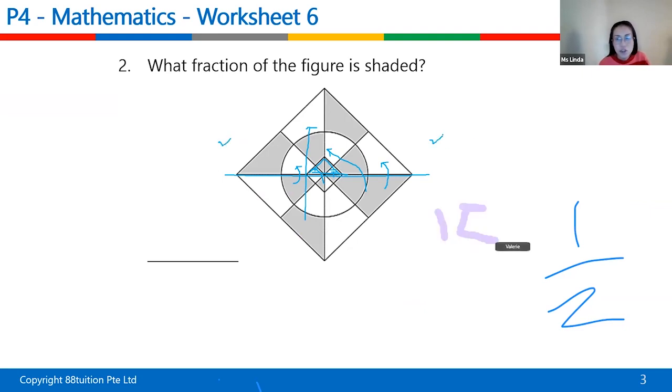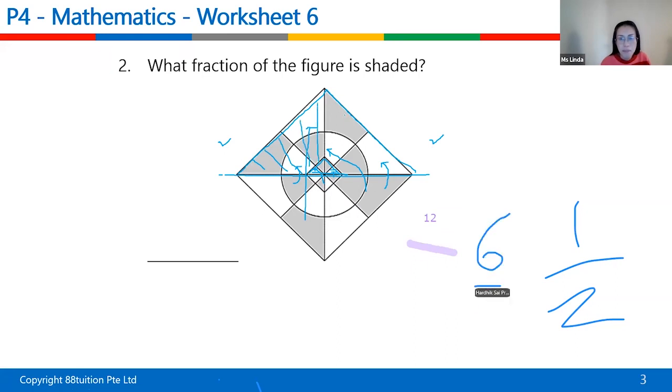Basically, if you see, there will be two big triangles, and the whole top part will be shaded. It will turn into 12.